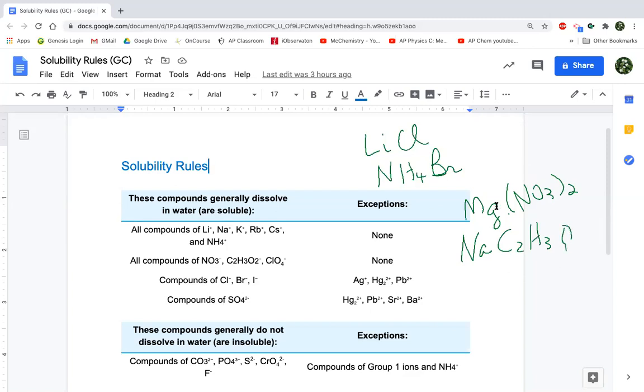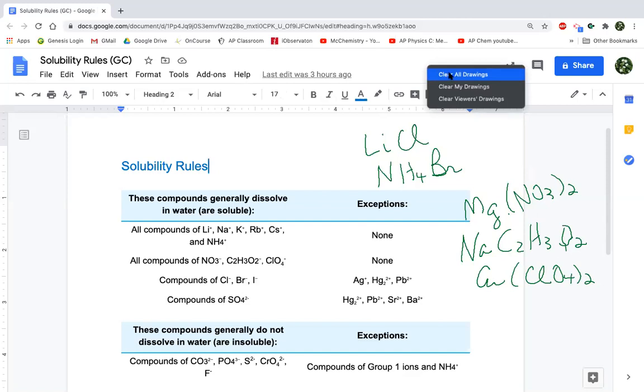Or we could even have something like copper(II) perchlorate. And we would expect all of these to be soluble because they have nitrate, acetate, or perchlorate in them.